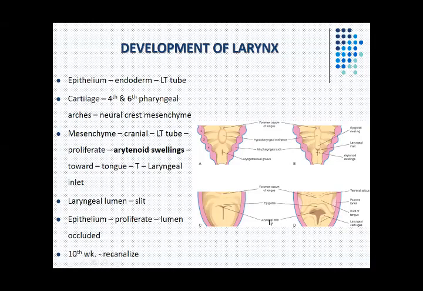The epithelium of the laryngotracheal tube rapidly grows and occludes the lumen, and then in the 10th week recanalization happens because of apoptosis, programmed cell death. The excessively grown epithelium breaks down and the lumen is restored. This process is called recanalization.